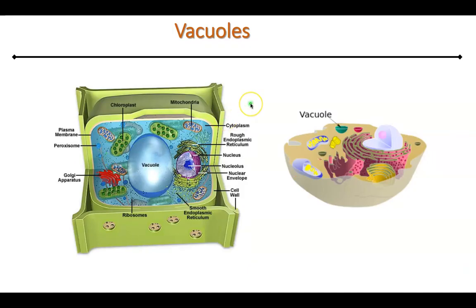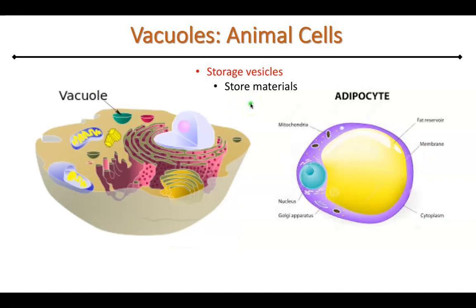Vacuoles we'll talk about briefly. Both animal and plant cells have vacuoles, but we call them different names. In animal cells, we call them storage vacuoles. They don't have a fun name or anything like that. They're just storage vesicles, used to store material.